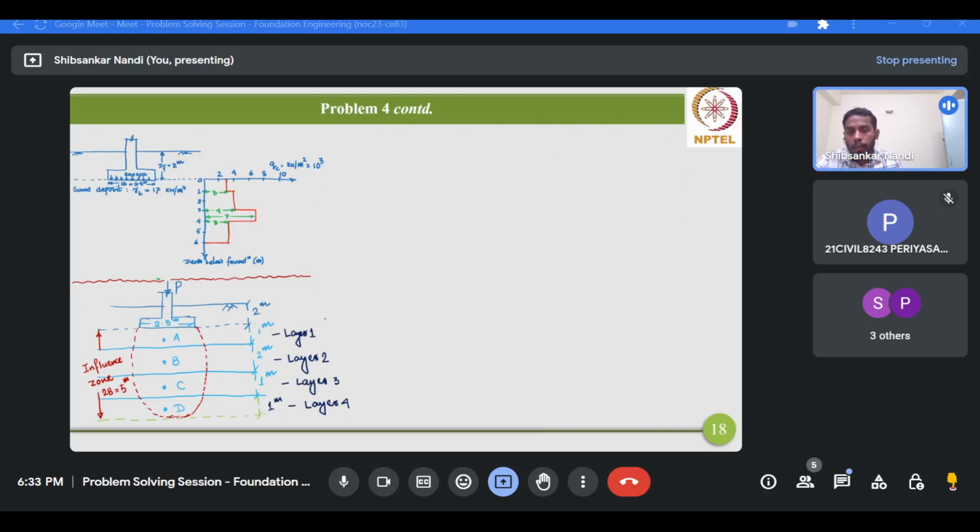Here I am writing the qc values: 3000, 4000, 7000, and then 3000.